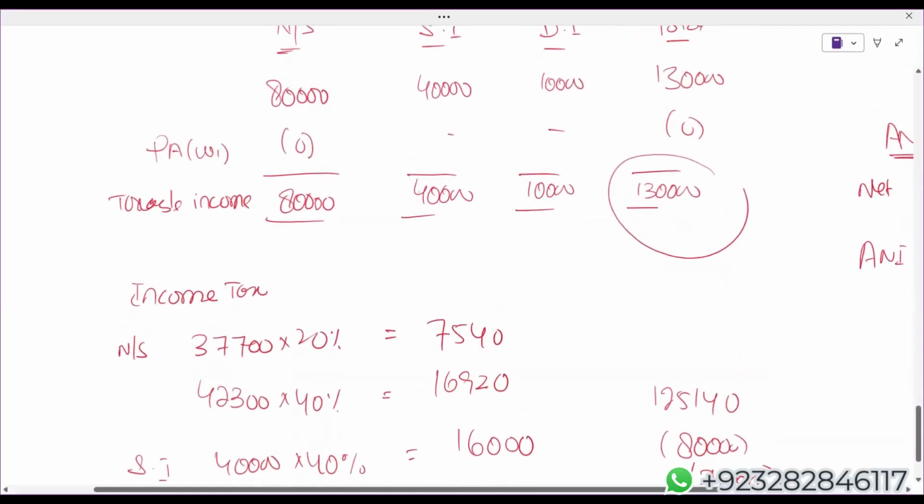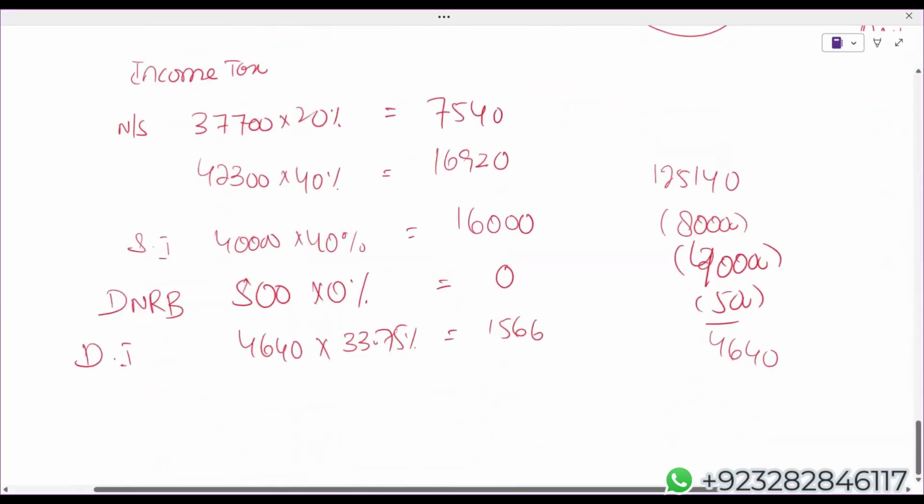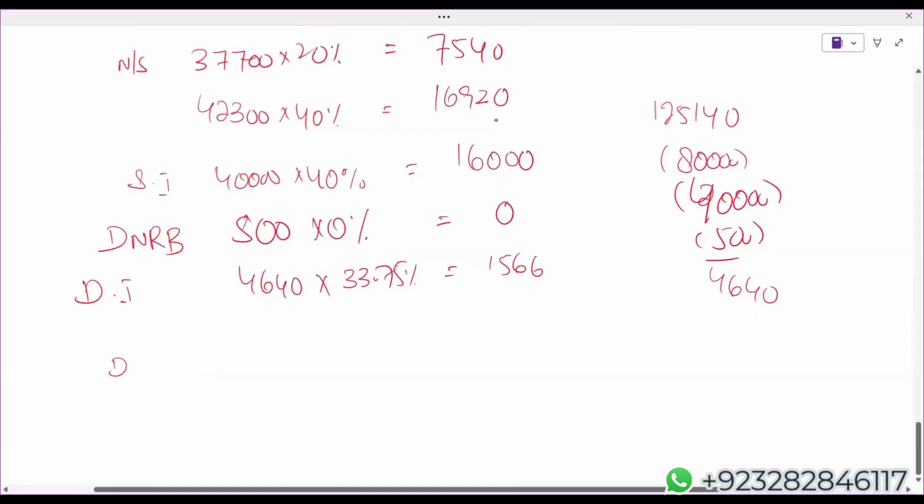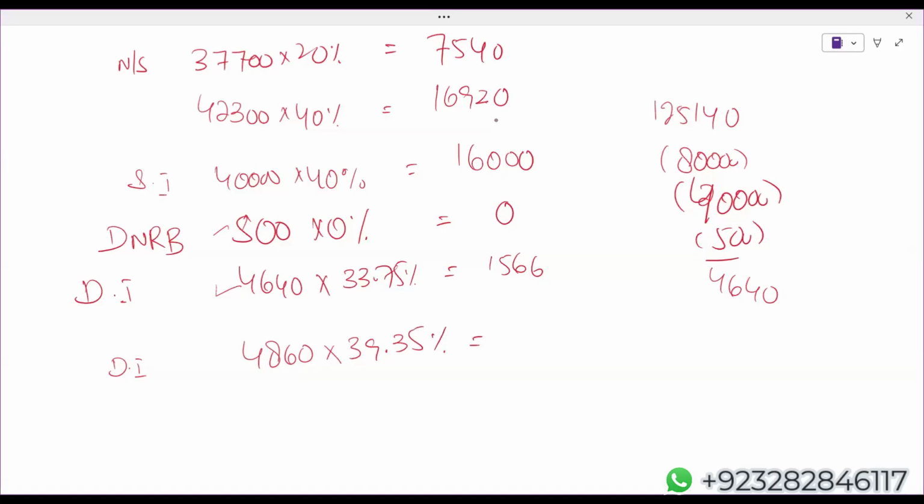Okay, now out of 10,000, the remaining dividend income actually falls in additional rate band. From 10,000, we'll deduct 500 and 4640. 10,000 minus 500 minus 4640, I'm getting 4860. Applicable rate is 39.35%, 1864.